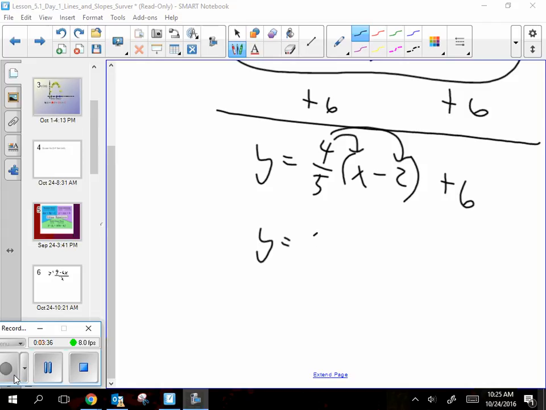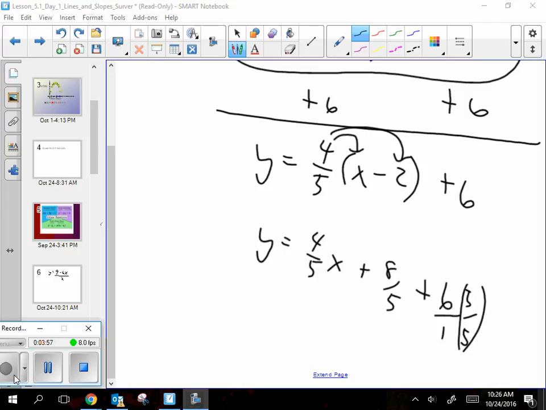So I have y = 4/5 x, and then the 2 times 4 makes 8/5, and I have to add that to the 6. It would be handy if they had a common denominator, so I'm turning this 6 into a whole bunch of fifths by multiplying it by 5/5. That's legal, right? Just multiplying it by 1.